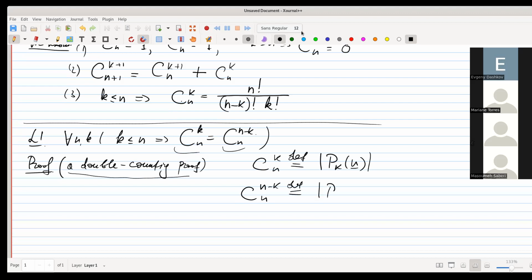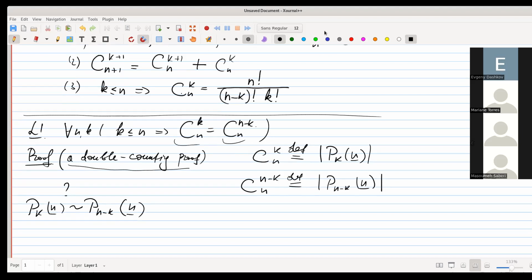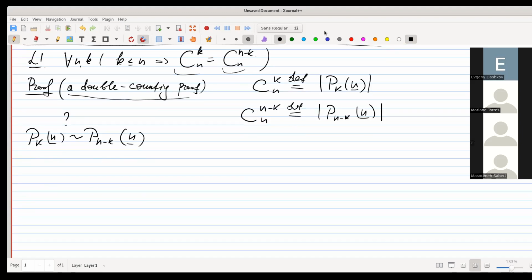It is the number of n minus k subsets. Is it clear? But is it the case that we always have as many k-sized subsets as we have n minus k subsets? Think about that. Yes.